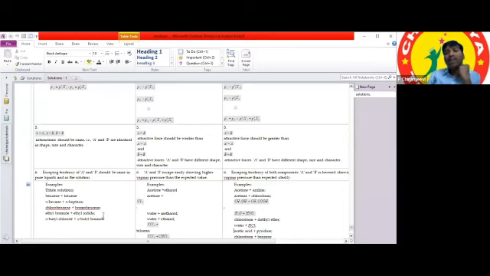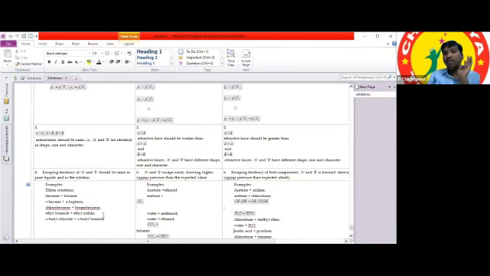Then what about non-ideal solutions? Exactly the opposite. The solutions which do not follow Raoult's law over a wide range of concentrations are called non-ideal solutions.